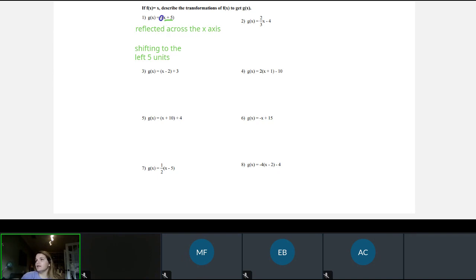So all you're doing is listing what is happening. You're saying, okay, this new function was reflected across the x-axis and shifted to the left 5 units. Okay, so write that down or type it out if you have not yet for number 1.